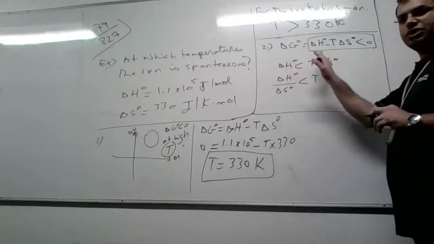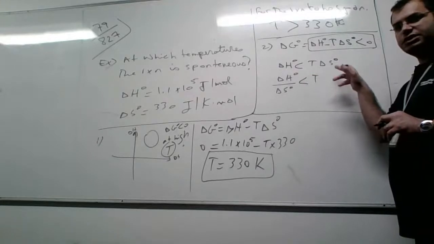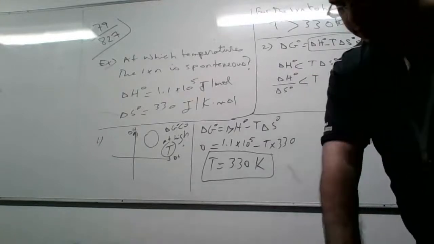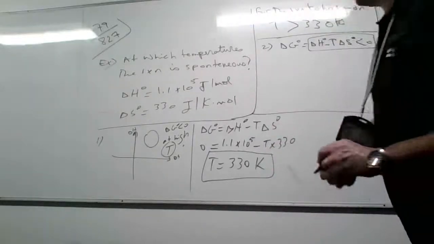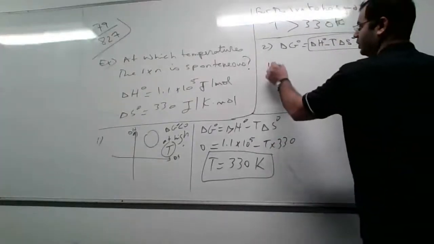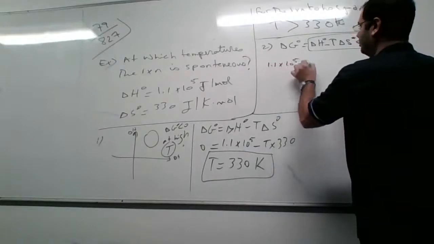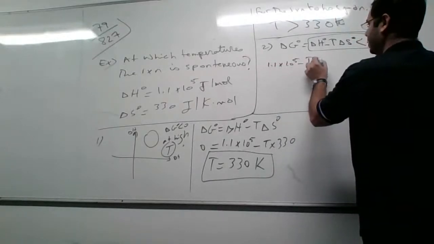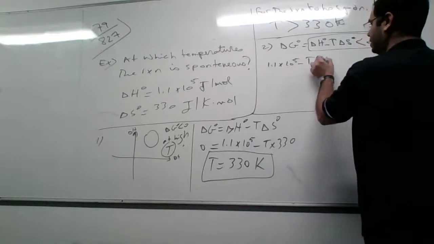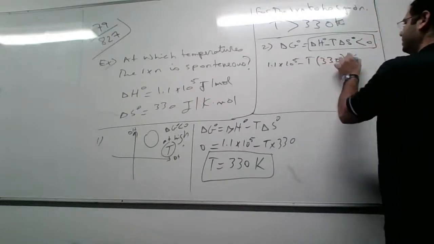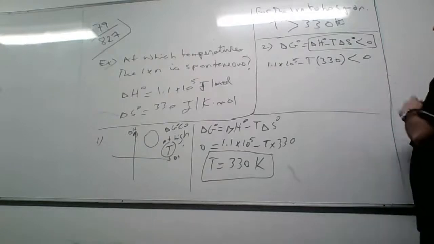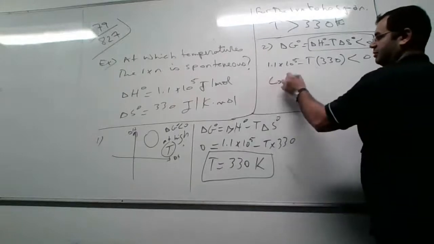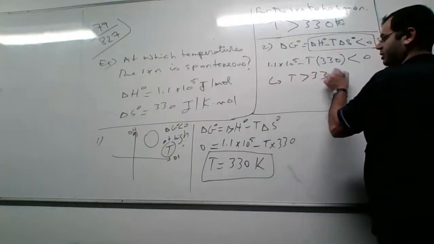Don't do a literal calculation, do dimensional analysis. My advice to you here, if you want to solve this way, use the numbers with their values. Put delta H naught 1.1 times 10 to the power 5 minus T times 330 is negative. That's it. Solve. You get T higher than 330 Kelvin.